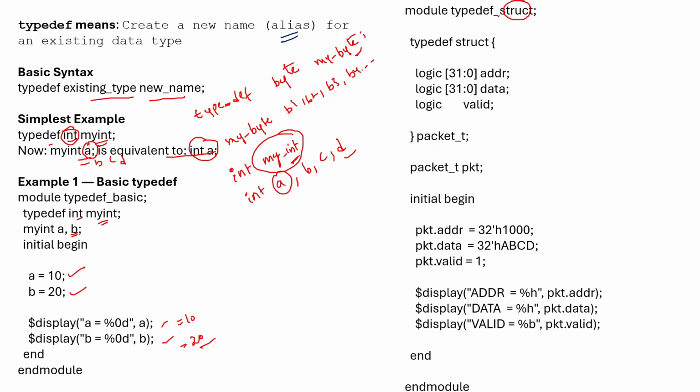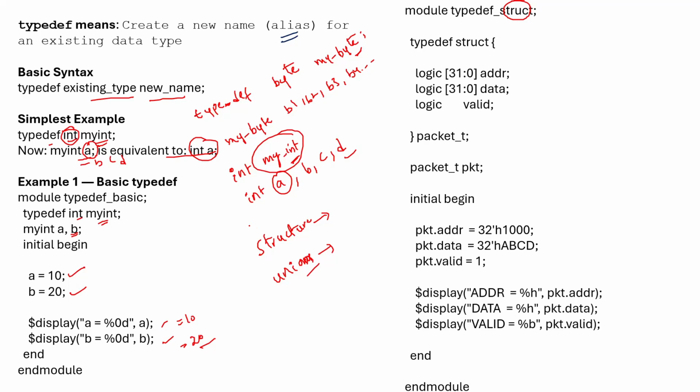In the same way, I have considered struct. Struct is a group of data types. They will ask you what is the difference between structure and union. Both are the same: union also collects a group of data types, and structure also collects a group of data types. Here the structure is collecting a group of data types.